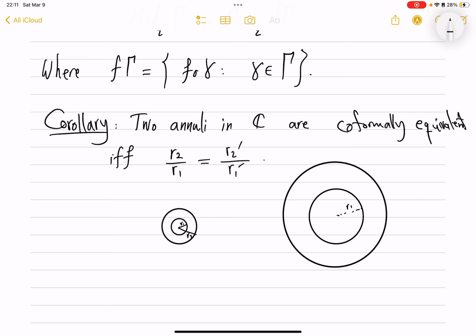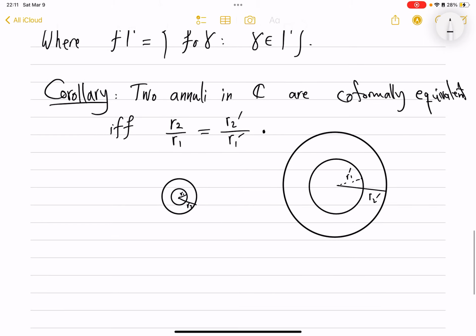There will be a conformal map from this to that, if and only if these ratios are equal. So, proof.